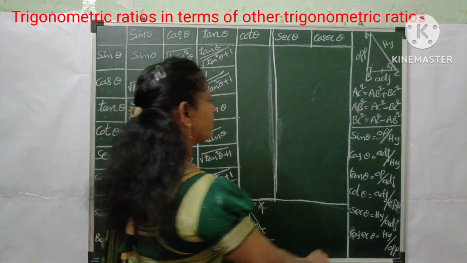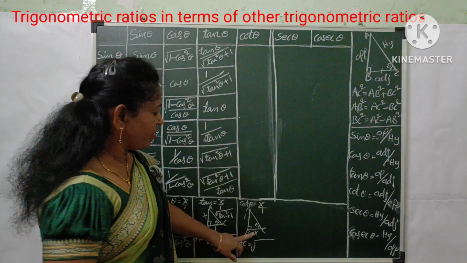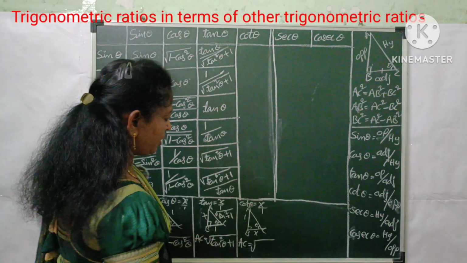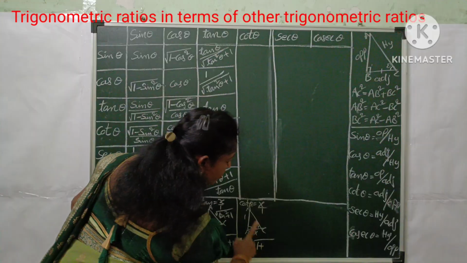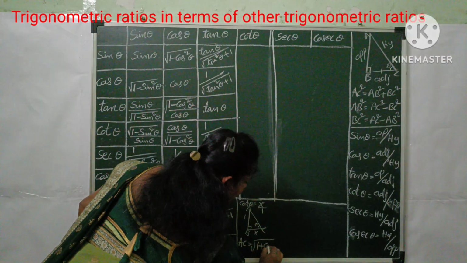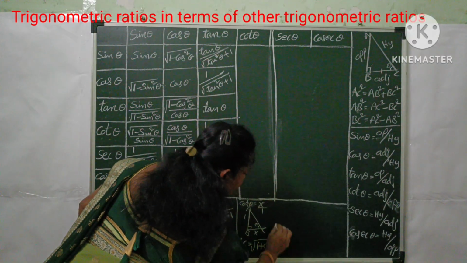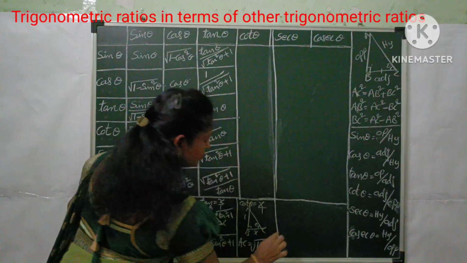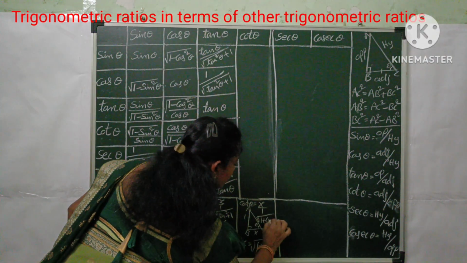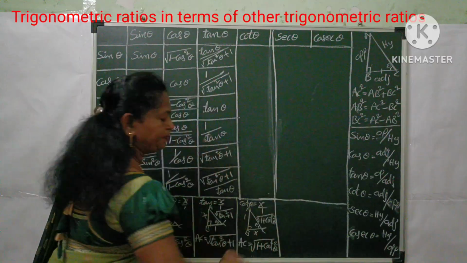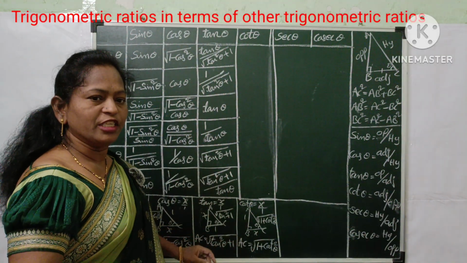So that AC equal to the sum of the squares of the remaining two sides. So that 1 plus x square, 1 square is 1 only, x square means cot square. Okay, here hypotenuse is square root of 1 plus cot square theta. This is the ratio.